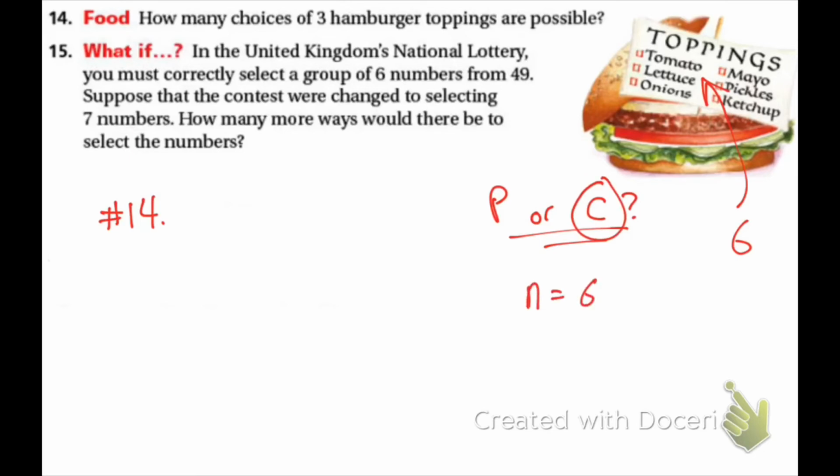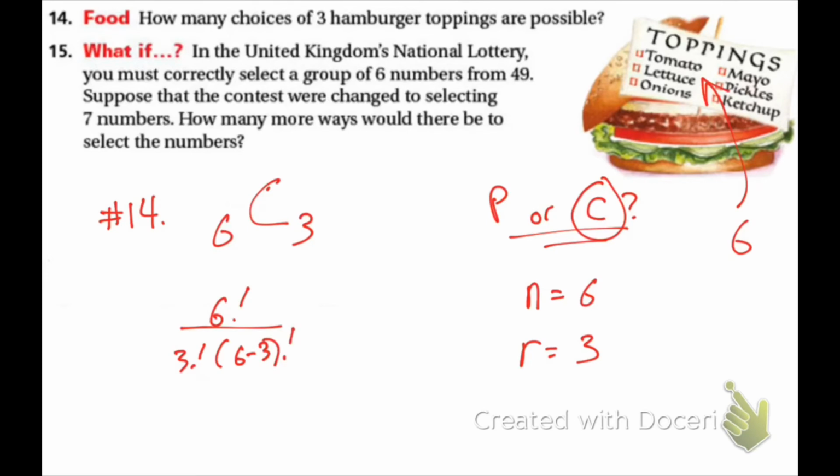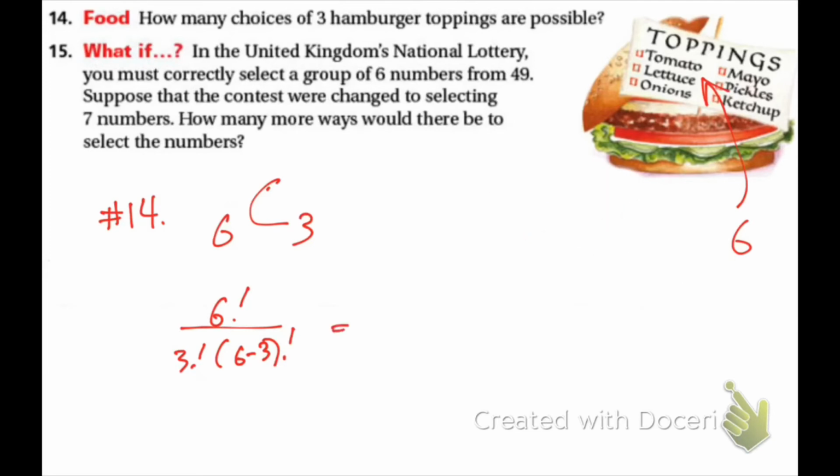Number of total items is 6. Items you're selecting is 3, so you get 6C3, which gives you 6 factorial over 3 factorial times 6 minus 3 factorial. Now that is going to give you 6 factorial over 3 factorial times 3 factorial.